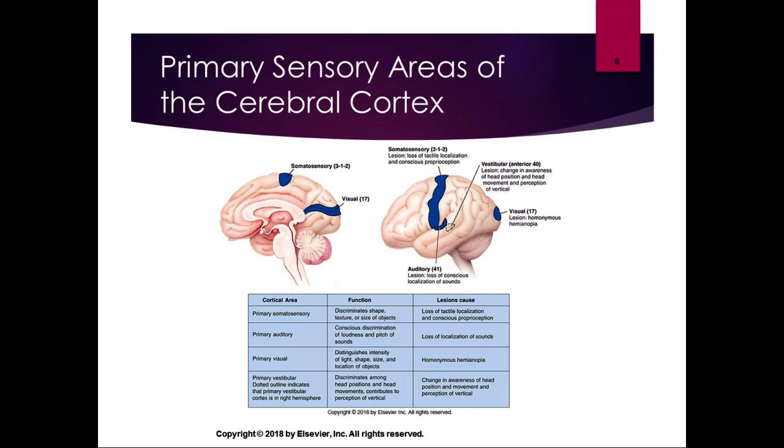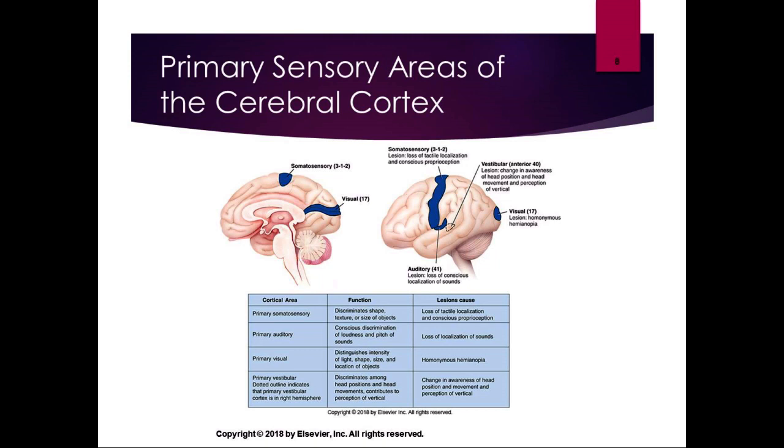The area that we consider to be the primary somatosensory cortex, and when we were talking about the somatosensory system, we talked about the somatosensory homunculus, which is the map of the brain to what areas of the body are sensed in that individual brain area.